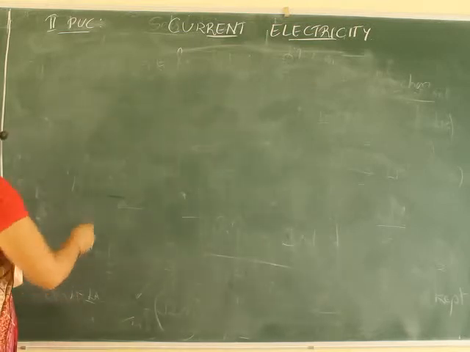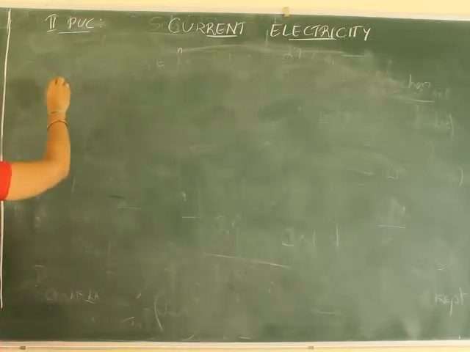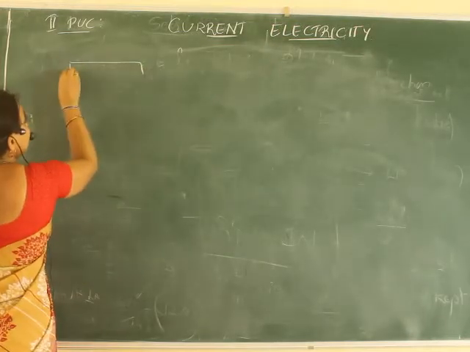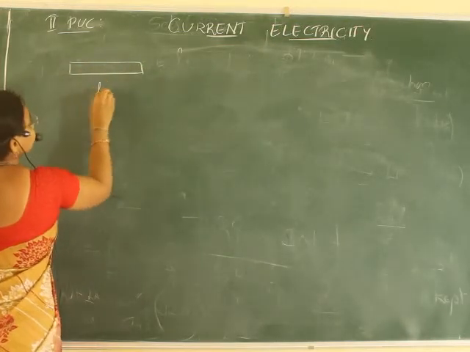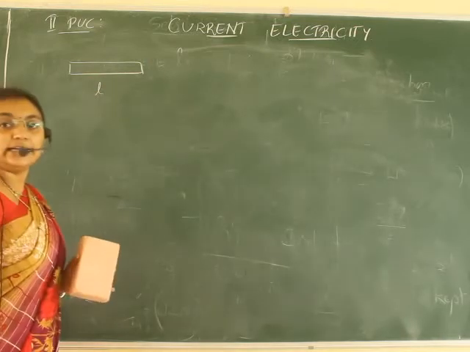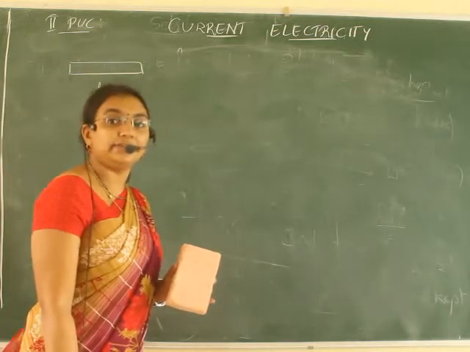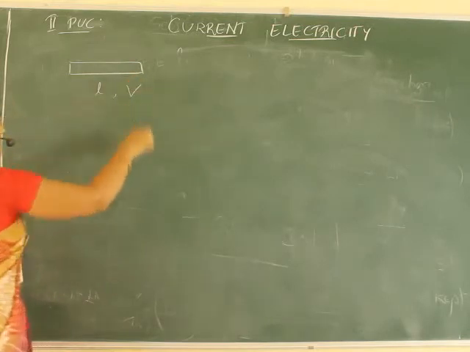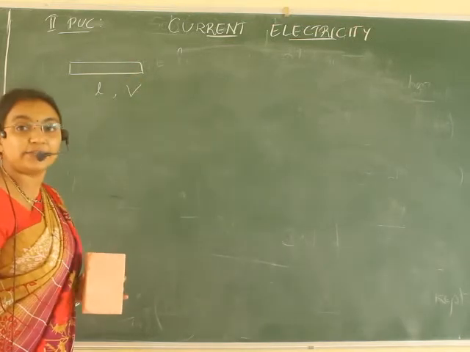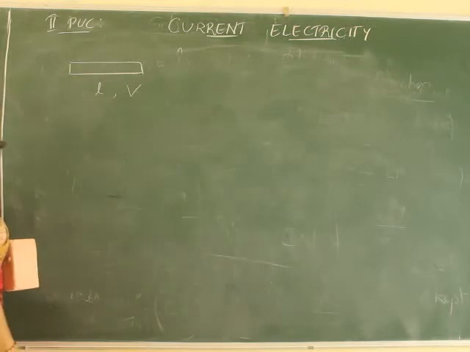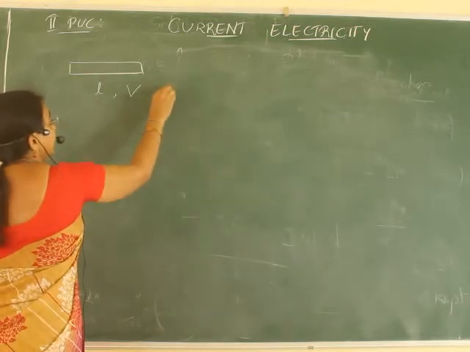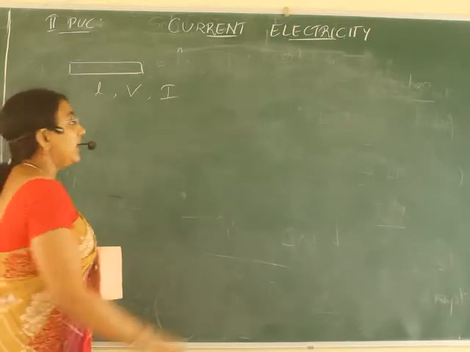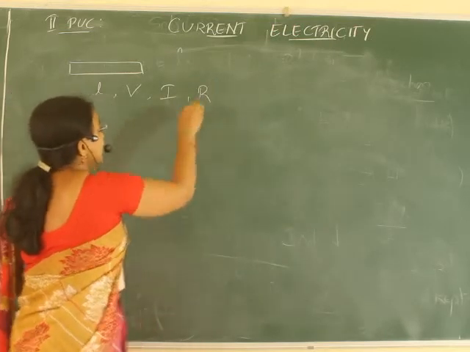See here. Consider a conductor of length L. Let V be the potential difference maintained across the ends of the conductor, I be the current through the conductor, and R be the resistance.